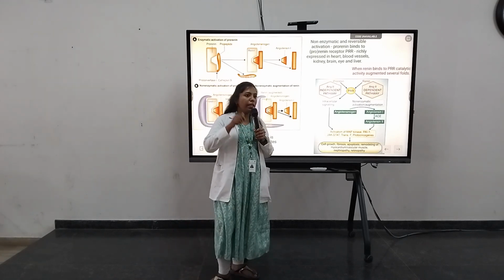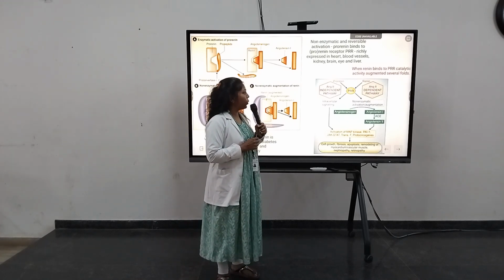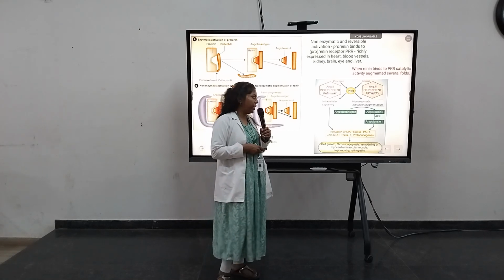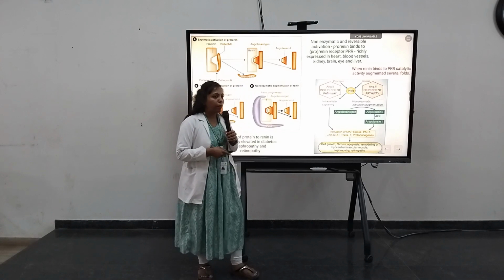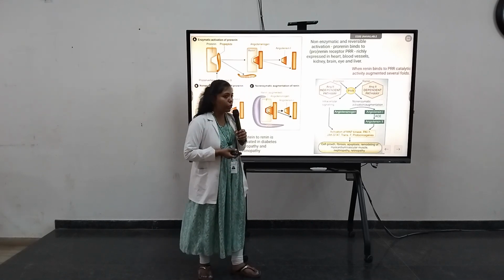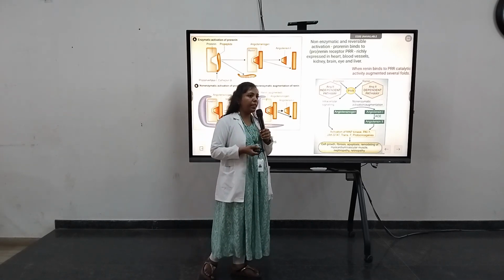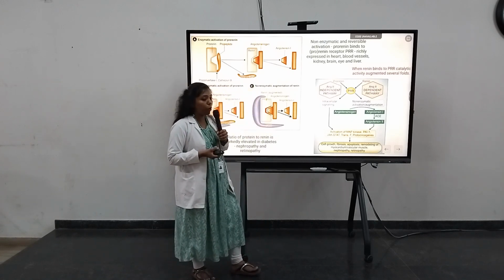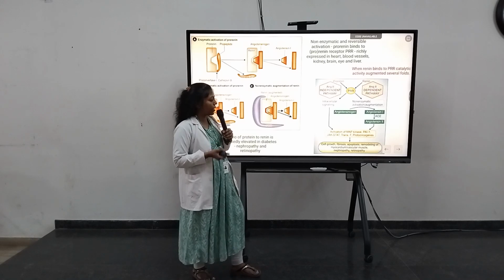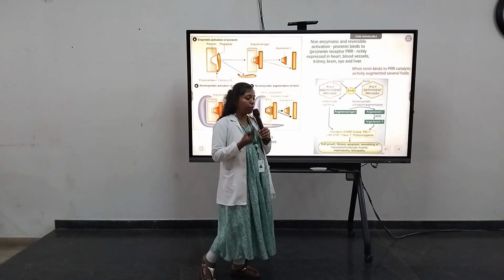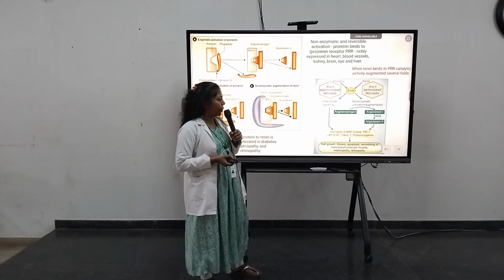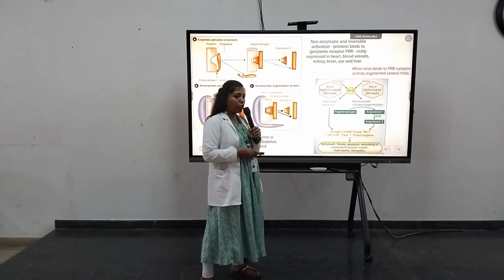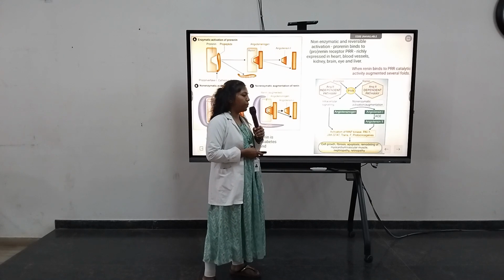In the angiotensin independent pathway, there will be intracellular signaling leading to activation of MAP kinases and JAK-STAT receptors and proto-oncogenes. These get activated and lead to cell growth, fibrosis, apoptosis, remodeling, myocardial or vascular muscle hypertrophy, and nephropathy, retinopathy. All this is brought about by the activation of MAP kinases and proto-oncogenes.